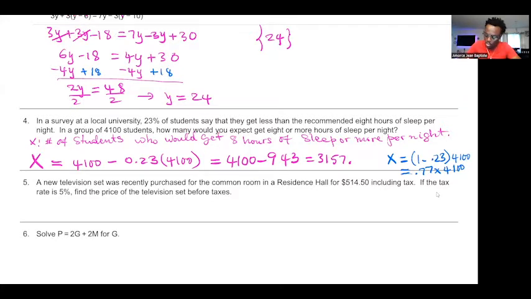So you have two ways you can do it: you can either do 4,100 minus 0.23 times 4,100, or you subtract 0.23 from 1 and multiply the answer by 4,100.